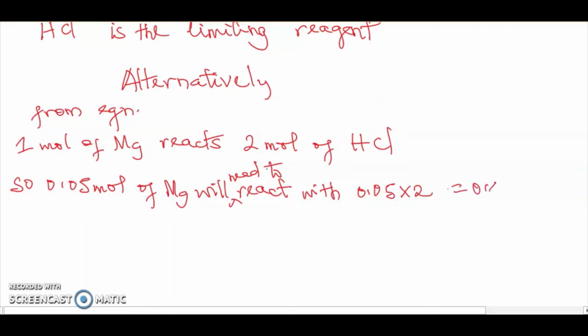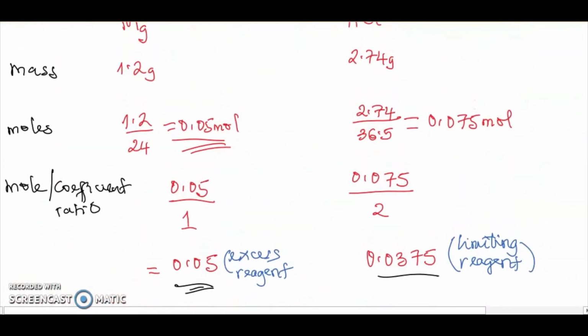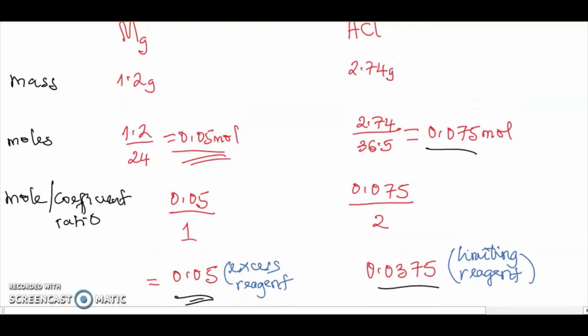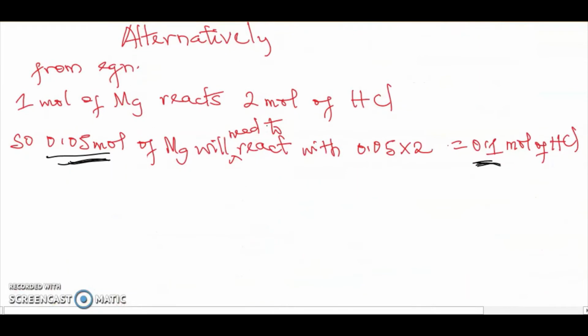Here we have 0.1 mole of HCl. So you can see that for 0.05 mole of magnesium to completely react, it will require 0.1 mole of hydrochloric acid. But what is the mole of hydrochloric acid present? This is the number of moles of hydrochloric acid present, which is lesser than what is required for the magnesium to completely react with it.